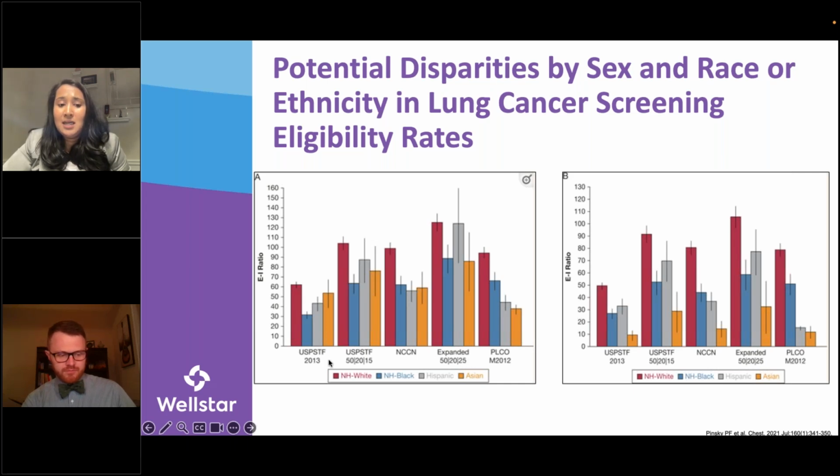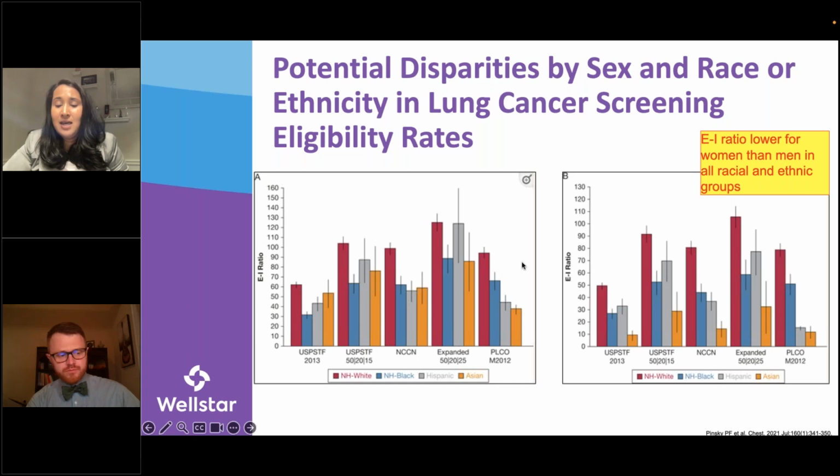And as you can see, across just these three different criteria, there's still more patients that could be enrolled if there was an expanded criteria. And then furthermore, you can see the different colored graph and the different racial groups that they represent. Despite expanding these criteria, there's still quite a significant racial disparity that exists, telling us that even with the expanded criteria, we may not be capturing all of the patients that we could be.